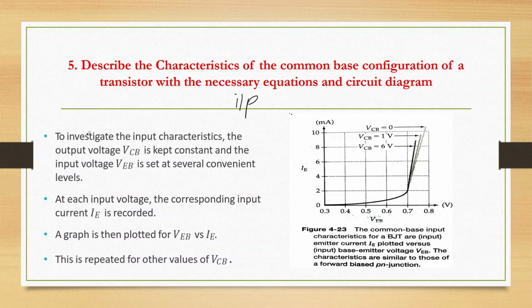It is the curve between the emitter current IE and the emitter base voltage VBE at constant VCB, that is constant collector base voltage. For a constant collector base voltage of 0, this is the curve, for constant collector base voltage of 1 volt, this is the curve, and for 6 volts, this is the curve.